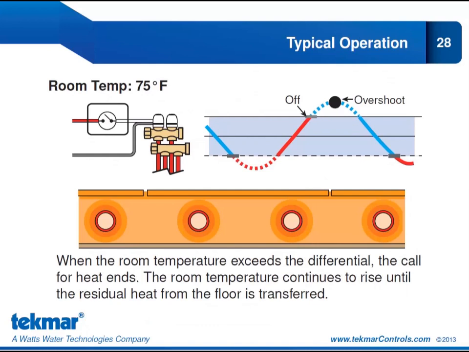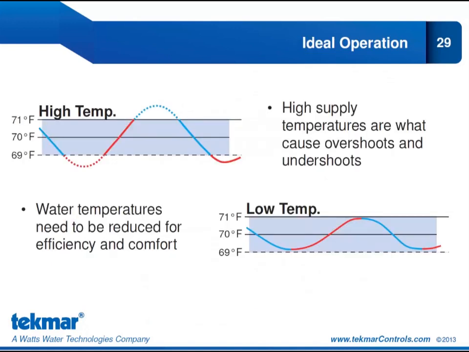So how can we properly control radiant floors so we don't experience these temperature swings? Well, the ideal operation is not what we just saw, and that was attributed to high temperature water circulating in the tubing. So when we have high temperature water, we are going to see the undershoots and the overshoots.